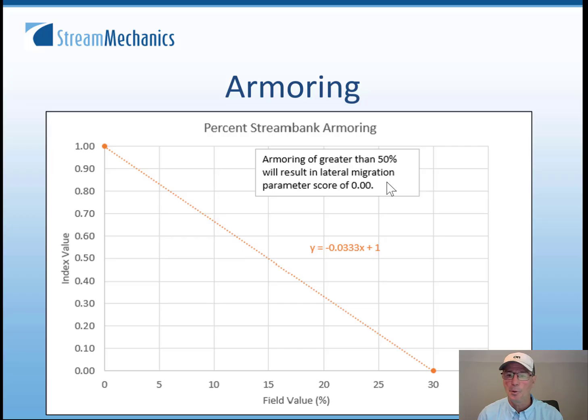So that's the rule. And the thought is 50% would mean one entire bank is armored, and so the stream can't laterally migrate like it normally would in any sort of functional way. And so this is a rule that says after 50%, the parameter score goes to 0.